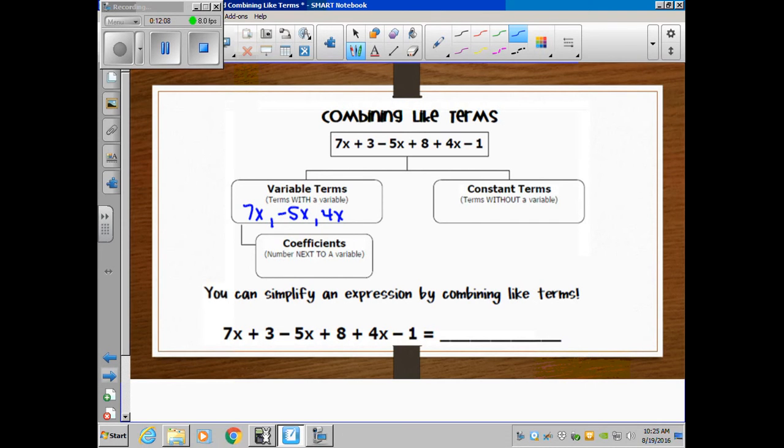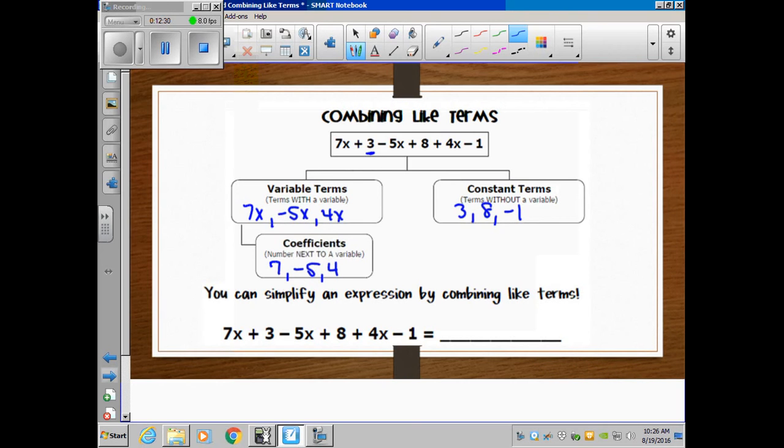The coefficients are the numbers attached to the variable: 7, negative 5, and 4. The constant terms are the terms without a variable, like 3, 8, and negative 1. So you have variable terms and constant terms.